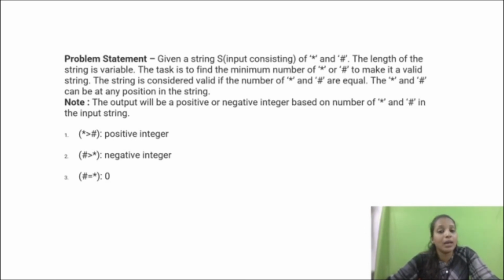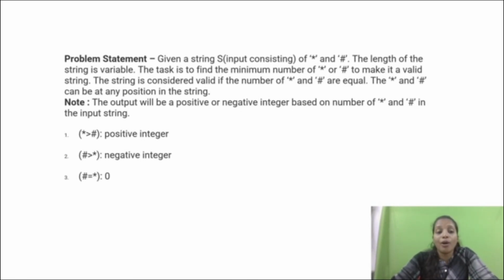The output will be a positive or a negative integer based on the number of star and hash in the input string. If the number of star is greater than hash, then the output will be a positive integer. Otherwise, if the number of hash is greater than the number of star, then the output will be a negative integer.